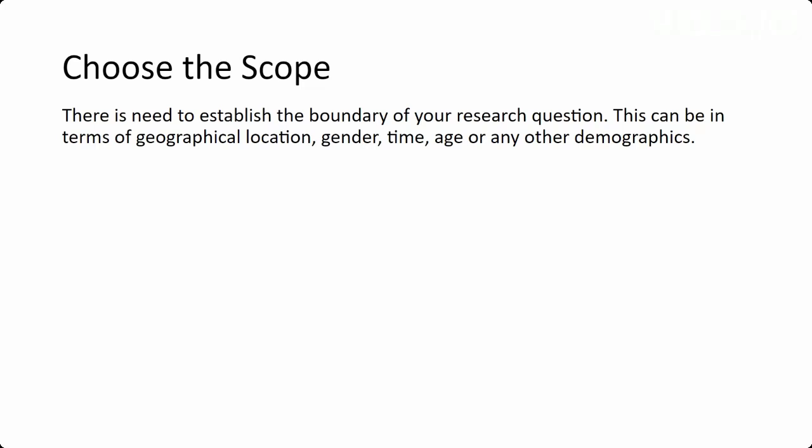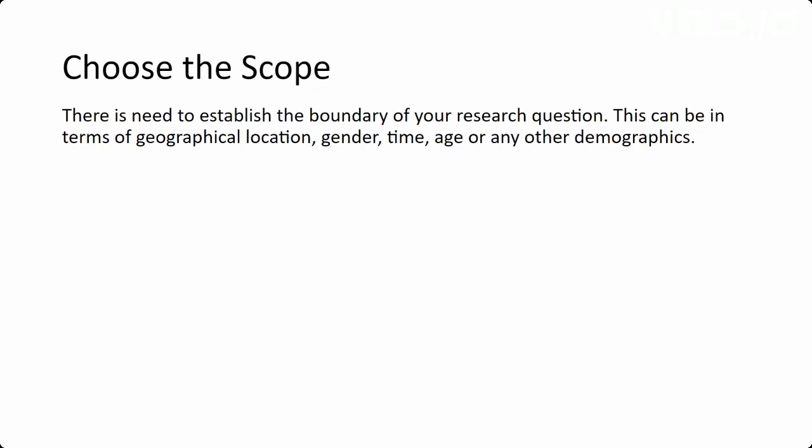All those. Age, what age are we looking at? Is it from 0 to 100 years or 1 to 5 years? You may have a topic in terms of a disease, COVID, how it's affecting people between the age of 45 to 65. There is a boundary which you need to set within your research question.